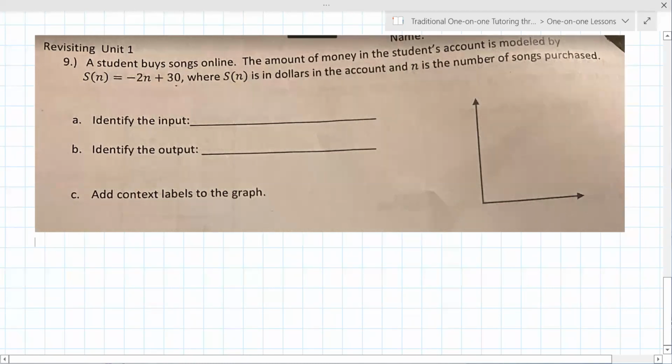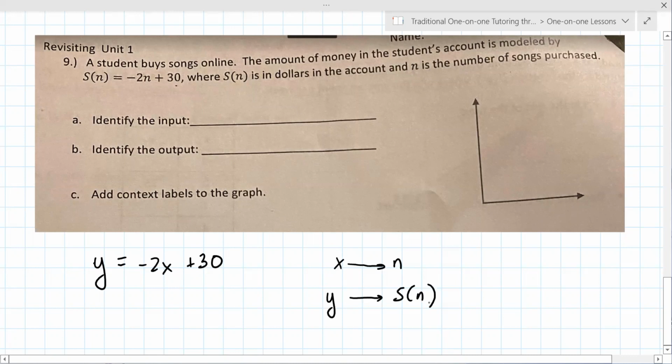Now, if I wrote the following, y equals minus 2x plus 30, this is an equation of a line. All they're trying to do here to confuse you is they're making x into n and y into S of n.